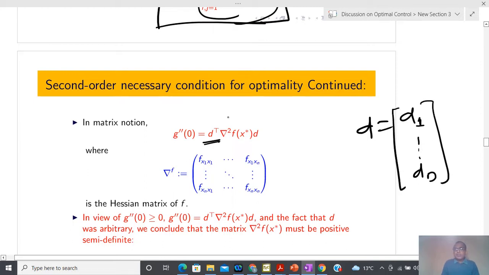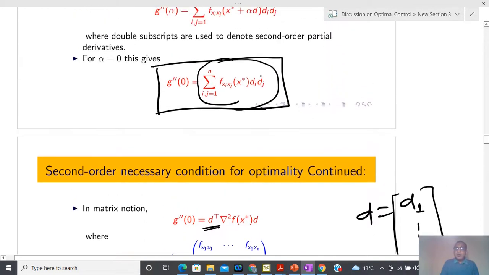If you take the transpose, then this becomes 1 cross n, this is n cross n, and this is n cross 1. So finally I have some kind of scalar quantity only. This matrix has a special name, called the Hessian matrix. I hope that several times you might have encountered this kind of situation whenever you take two time derivative and then express it in matrix form. So either you can write it in this form or this form.